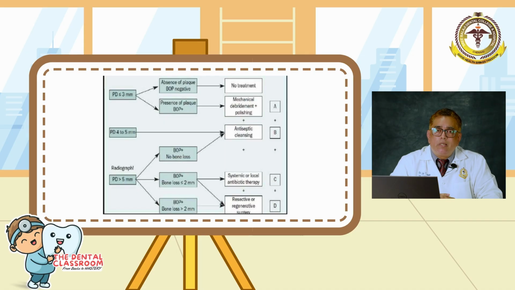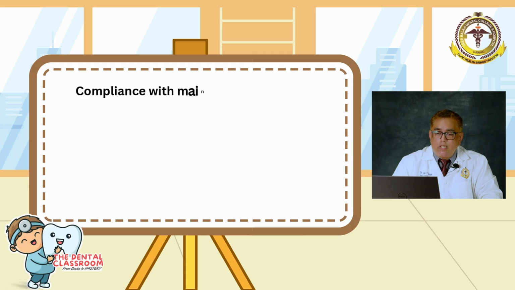With a probing depth of 4 to 5 millimeters, you have antiseptic cleaning done. You use radiographs with periodontal ligament; with probing depth greater than 5 millimeters and bone loss less than 2 millimeters, you'll have a systemic or local antibiotic therapy, followed by bleeding on probing with bone loss greater than 2 millimeters. You have to do a resective or a regenerative surgery.